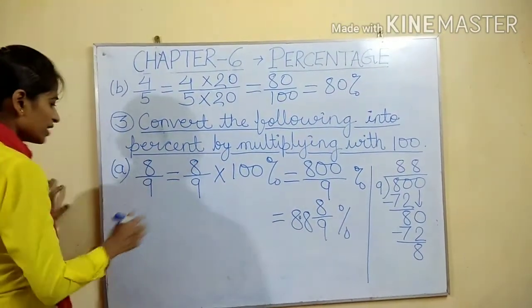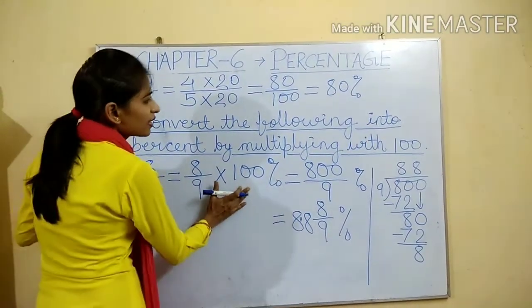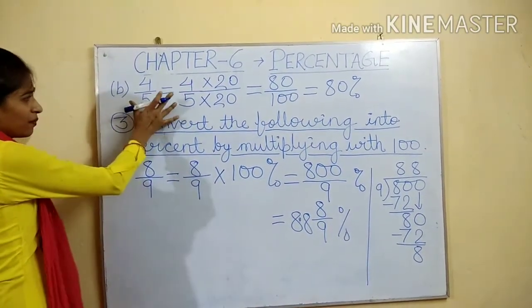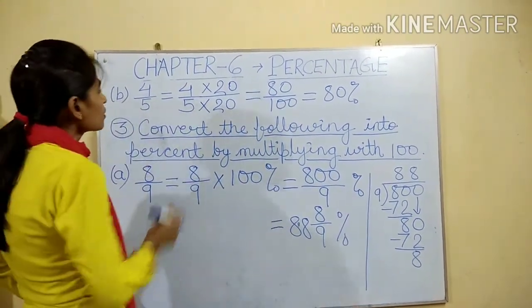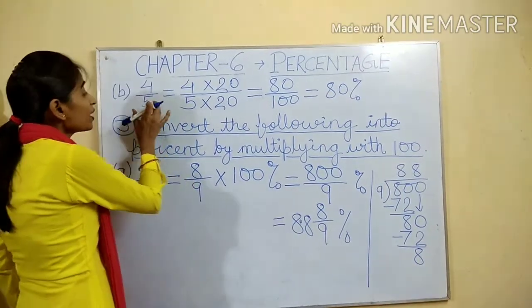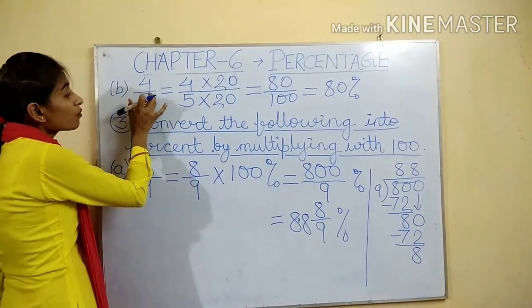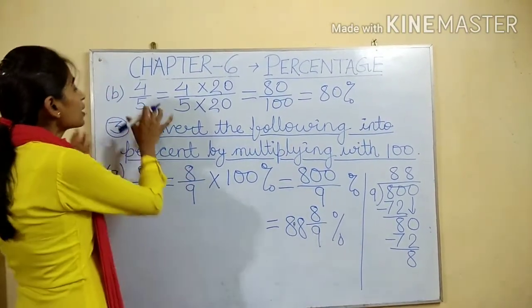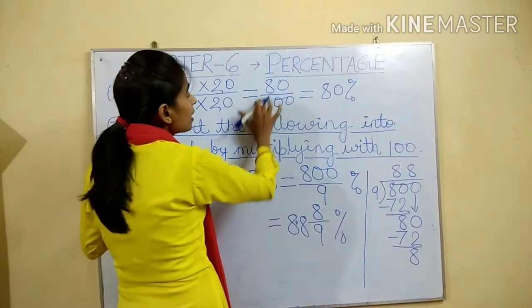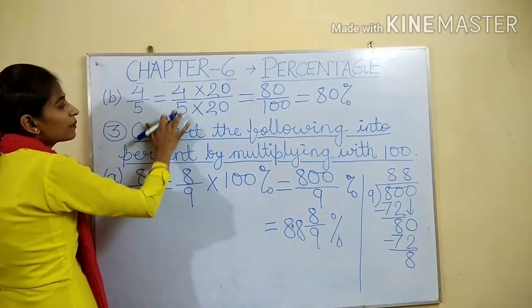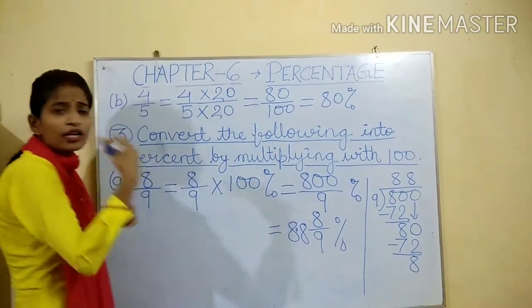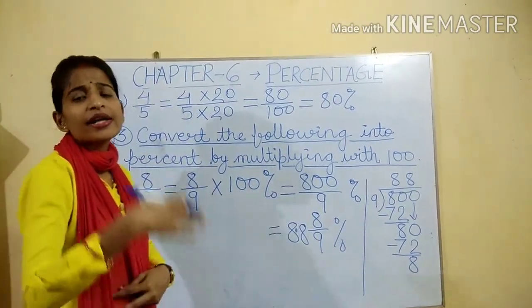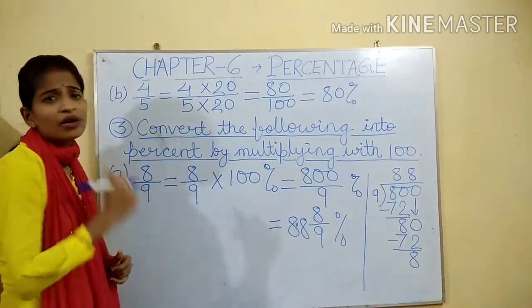Okay, one more example. So this method is very useful. The previous method is not very useful because only when we have a factor of 100 can we get 100 as a multiple. For example, 5 is a factor of 100, 20 is a factor of 100, 10 is a factor of 100.